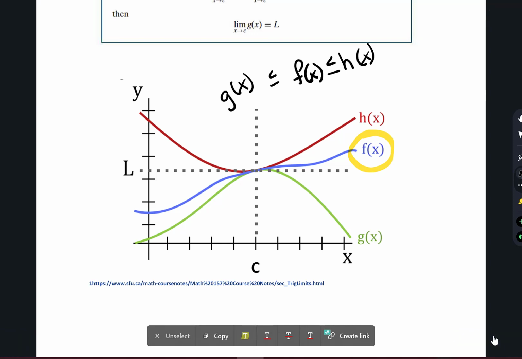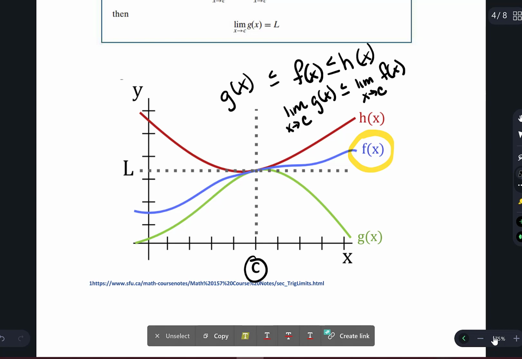Well, if this is true, then I know that the limit, and so here we're going to be interested in c, as x approaches c of g of x is always going to be less than or equal to the limit as x approaches c of f of x, which is going to be less than or equal to the limit as x approaches c of h of x.